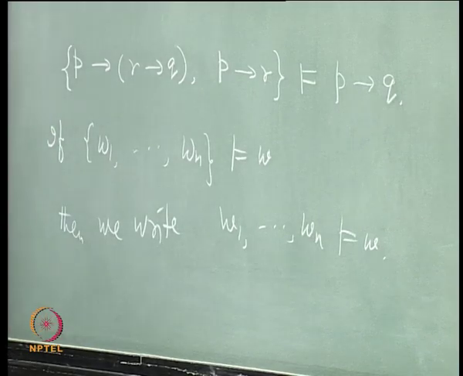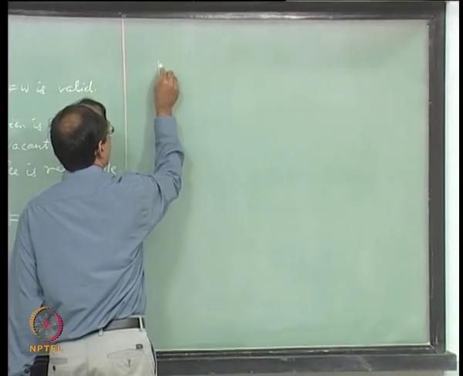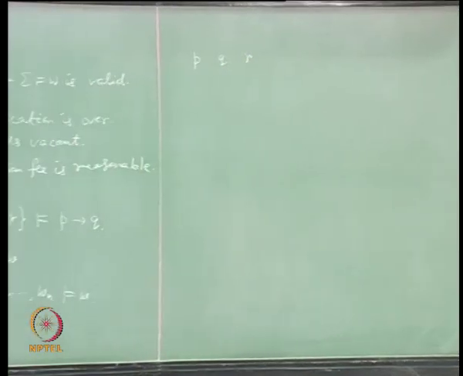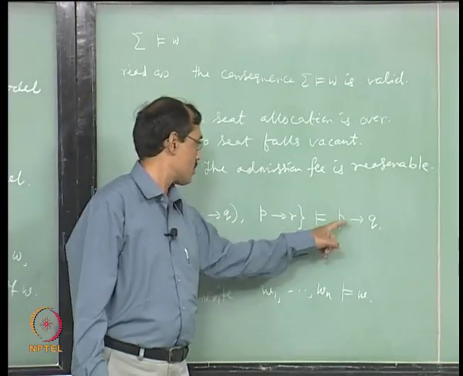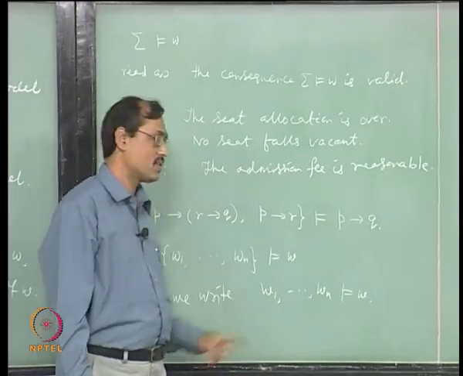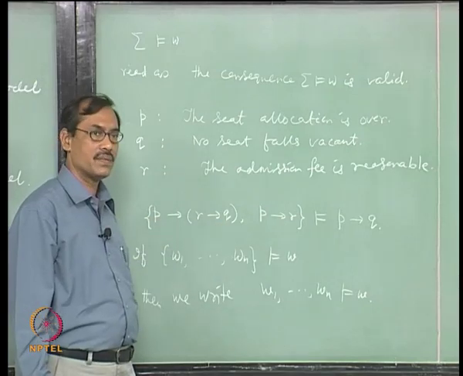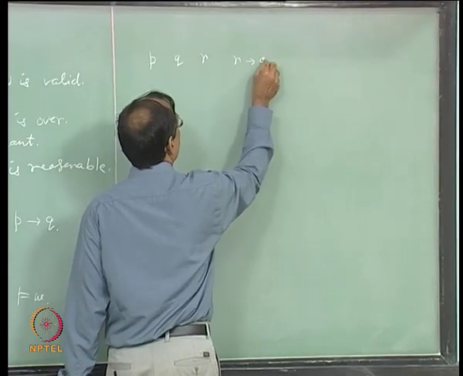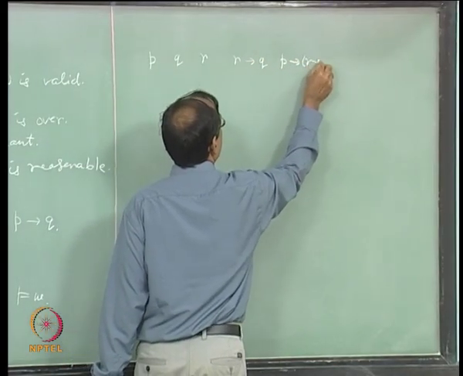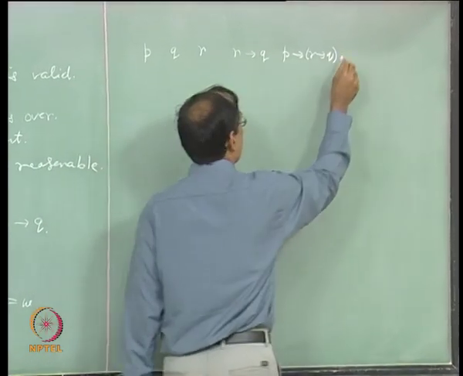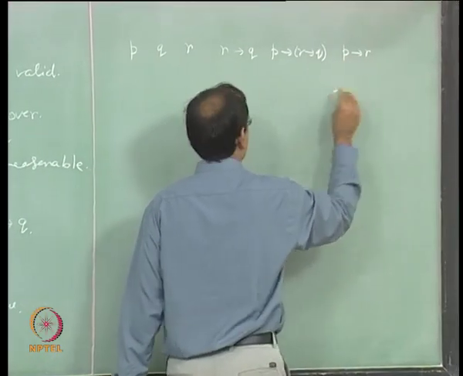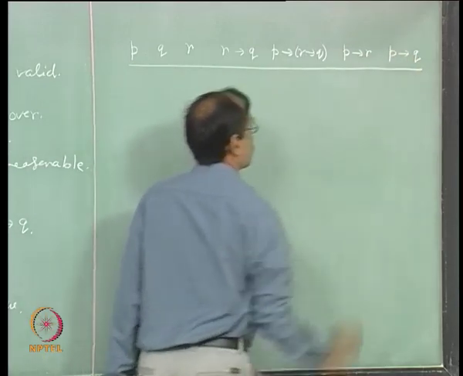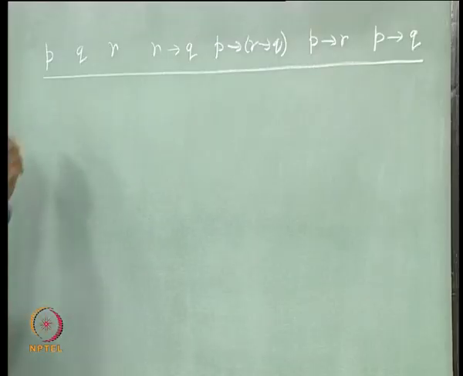So, we have here 3 propositional variables, okay, and then sub propositions, R implies Q, P implies R implies Q, P implies R, and P implies Q. And we construct the interpretations.